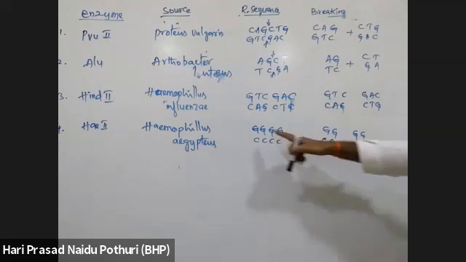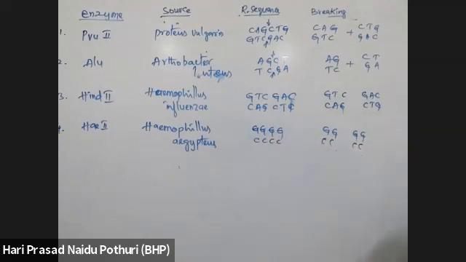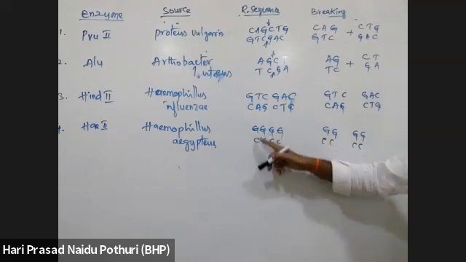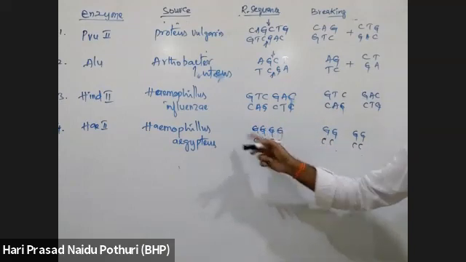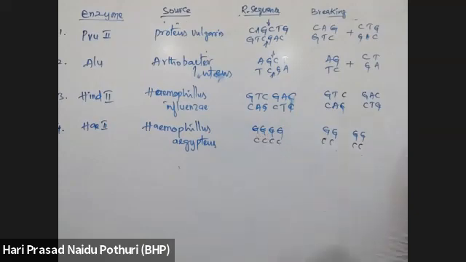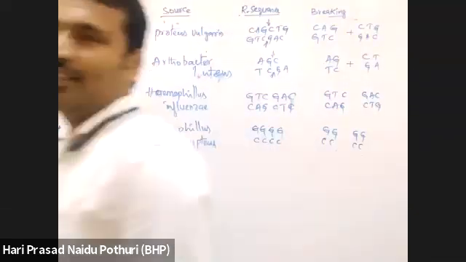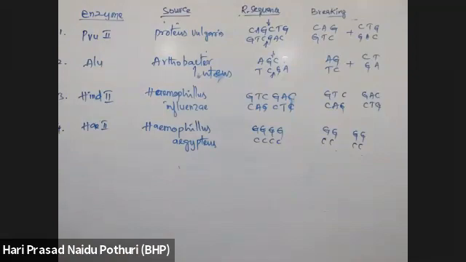This is GG means here CC will come, you are saying. But GC is one palindromic. In reverse also GC is there. Palindromic means not only on single strand, the base pairs sequence should be palindromic. That is the point what I told you first.